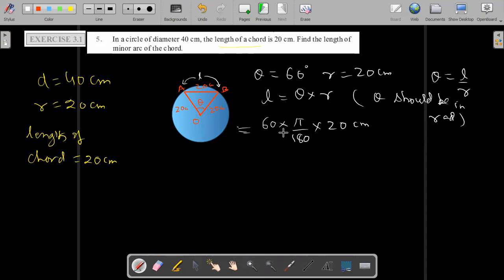We can use the pi, or we can leave the pi, or we can put the value. It is up to us. So 6 threes are 18, and we got 20 pi by 3 centimeters as the length of the arc. That's it. You can leave it here.